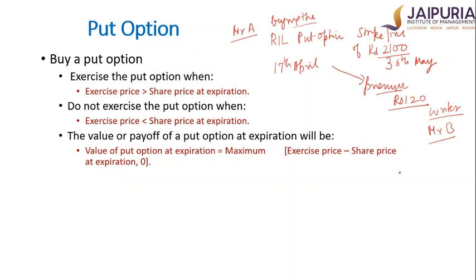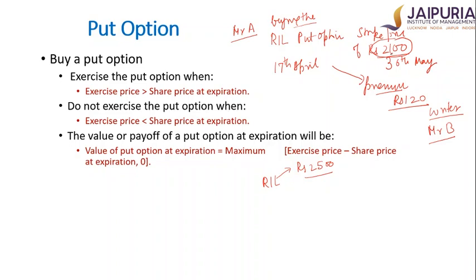So now let's see what will happen. If on 30th May, let's assume the Reliance stock goes up to rupees 2500, Mr. A has a choice to sell this at rupees 2100. What is your opinion? Will he be exercising this choice?